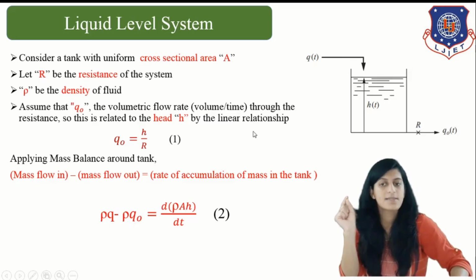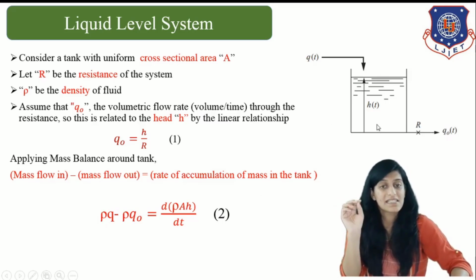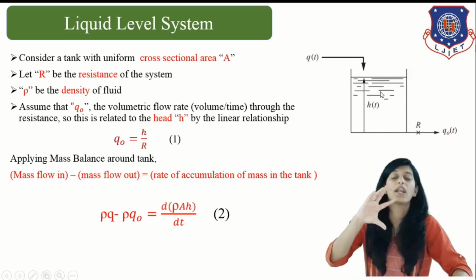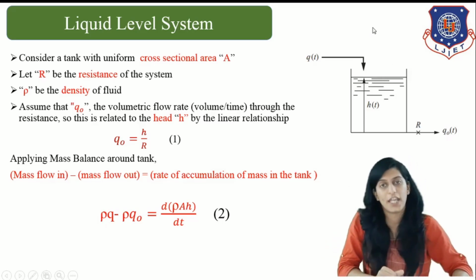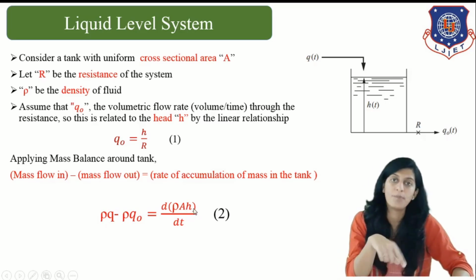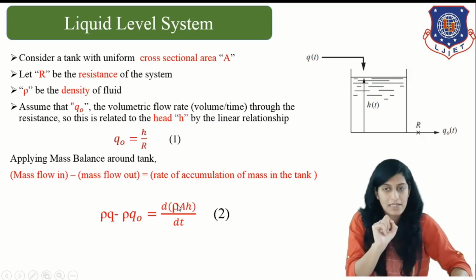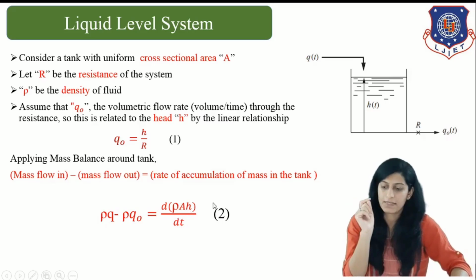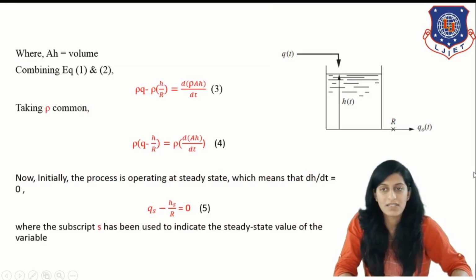For the rate of accumulation, the volume of liquid inside the tank can be determined as the height or head of liquid multiplied by the cross sectional area of the tank, right. Area into height gives us volume, and that volume multiplied with density provides us mass. So d by dt of rho A h. This is the material balance equation for our given liquid level system.